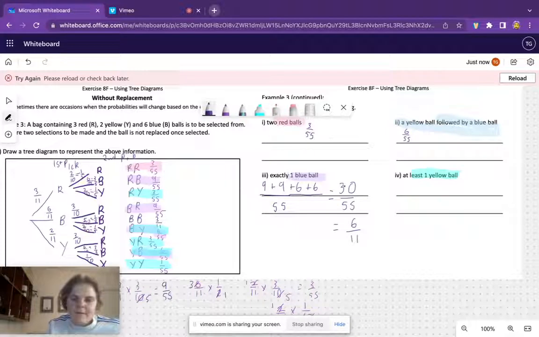They're all out of 55, so nice and easy to add up for our fractions. So we've got red yellow, which is 3 out of 55, blue yellow, which is 6, 3, 6, and 1 out of 55. So 3 plus 6 plus 1, that's 10, plus another 9, 19 out of 55.